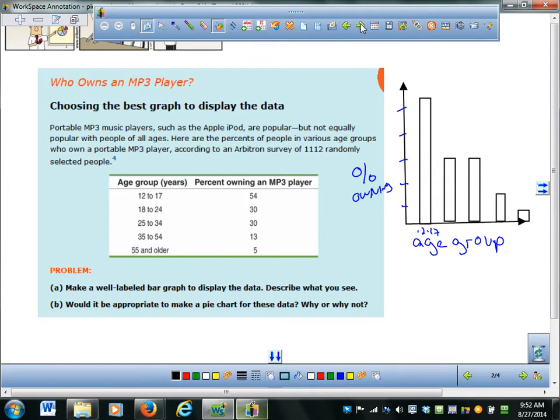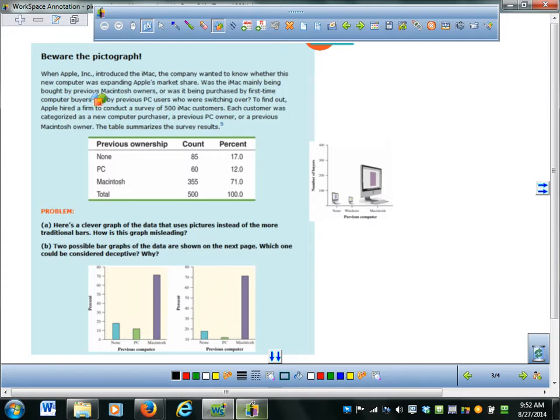Let's see what I came up with next. The next thing they talk about is misleading graphs, and I think this is the last thing that I talked about, until the end. So, misleading graphs. With this one, this is something that Apple did, I guess.